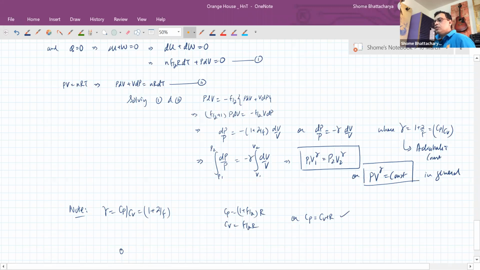Okay, so gamma becomes 5 by 3 for monoatomic gases. So these are values you should be absolutely thorough about, so that you can do questions fast without too much back calculation. And 7 by 5 for diatomic gases.